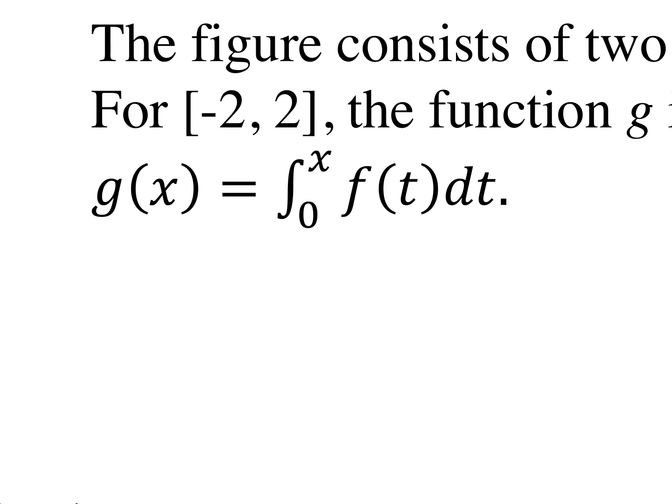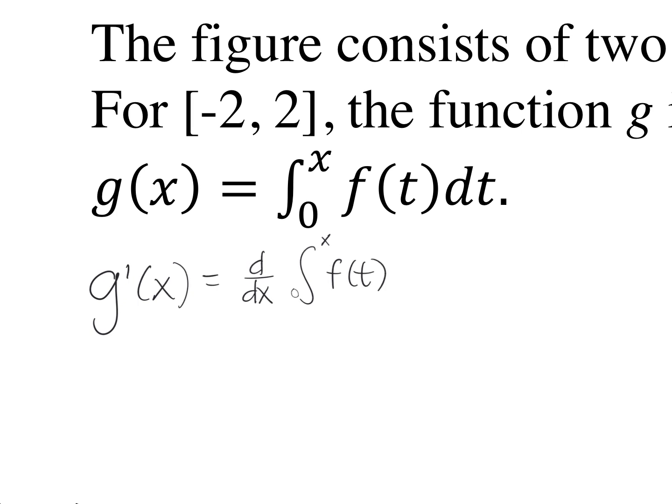And so I want you to be thinking about, you're going to need to know g, but you're also going to need something for g prime, and you're also going to need something for g double prime. So if we know that g is related to f by an antiderivative, we should also be able to find g prime. G prime should be the derivative of what we were given.